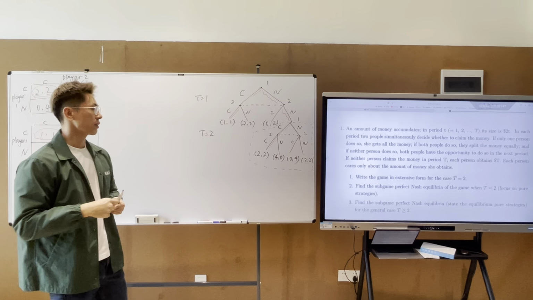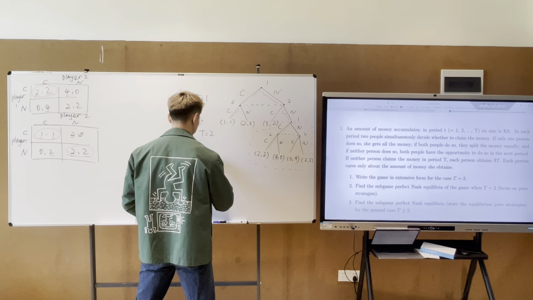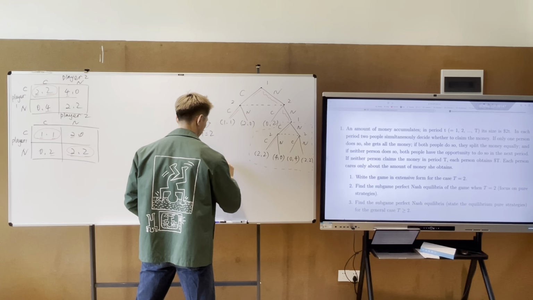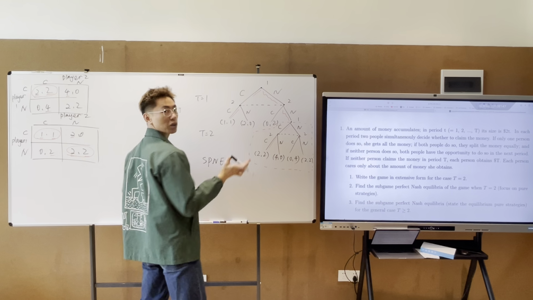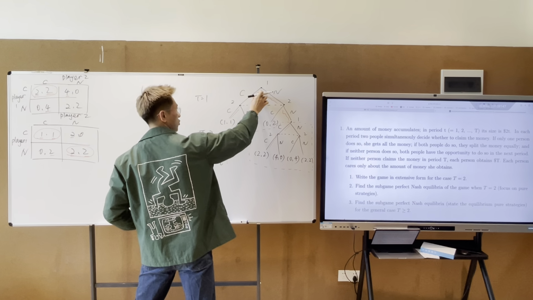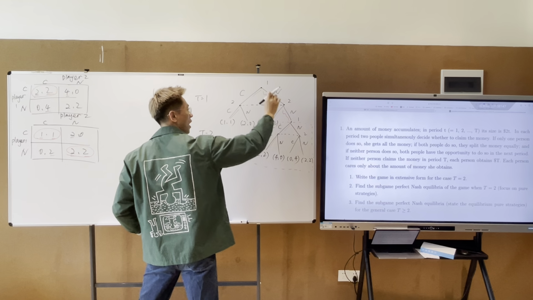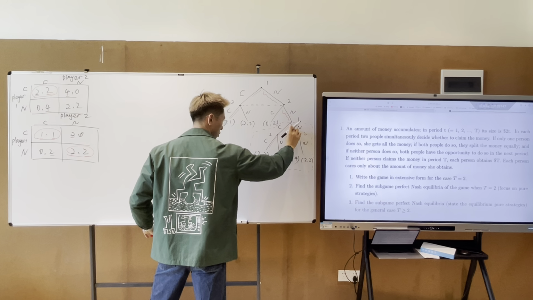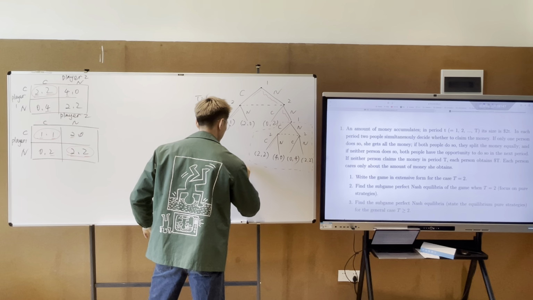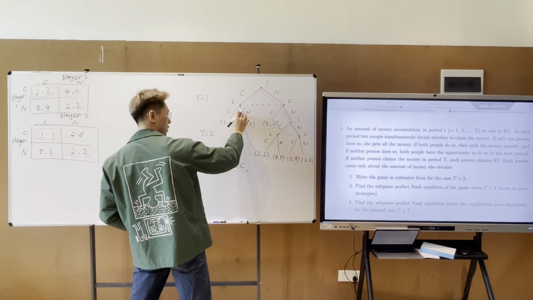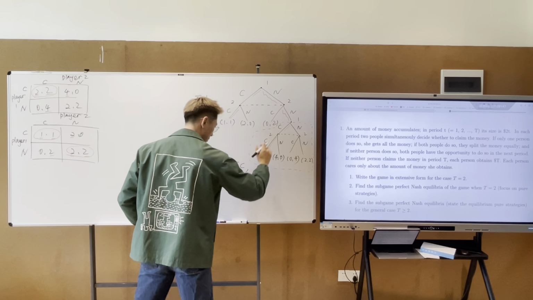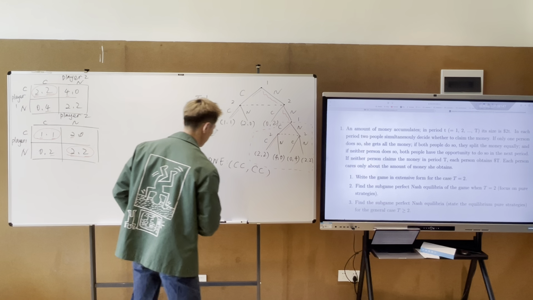So what is the SPNE of this game? The first is player 1 chooses to claim in period 1 and claim in period 2, so this is CC. And player 2 chooses to claim in period 1, also claim in period 2, this is CC.